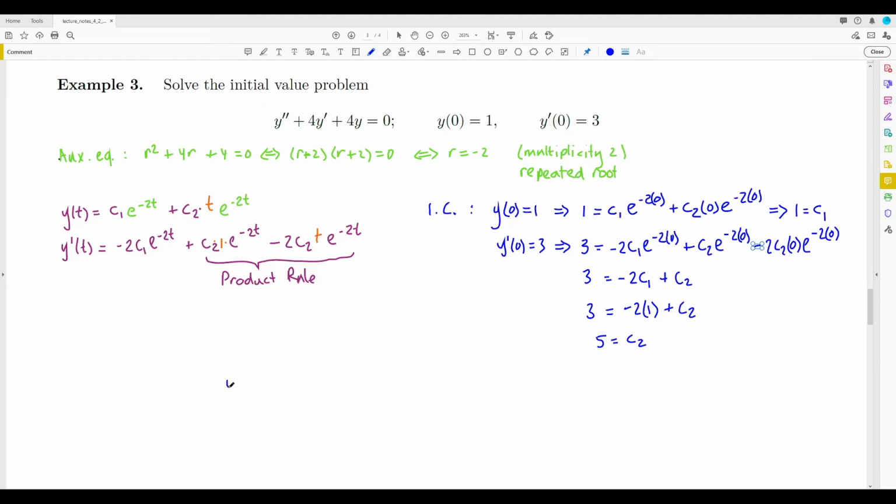And so our final solution for our initial value problem is y of t equals c1 times e to the power negative 2t. c1 was 1, so that's e to the power negative 2t. And then plus c2, which is 5. So that's plus 5t e to the power negative 2t. And that's our solution to the differential equation.